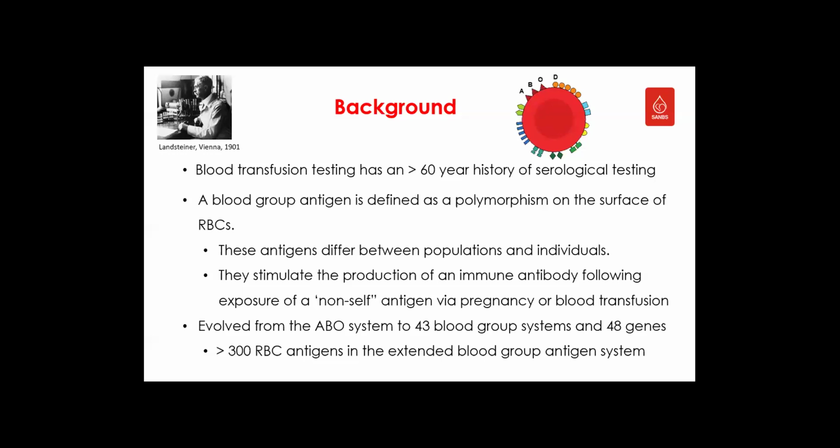So over 100 years, this field has evolved from the ABO blood grouping system to 43 blood group systems, and actually there are more already, and 48 genes, and these all represent more than 300 red cell antigens in the extended blood group antigen system.